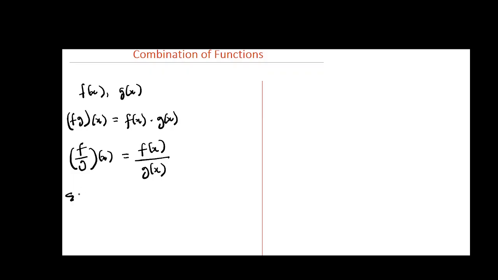Let's take an example. If you are given that f of x is equal to x squared minus 1 and g of x is given to be 2x plus 3.